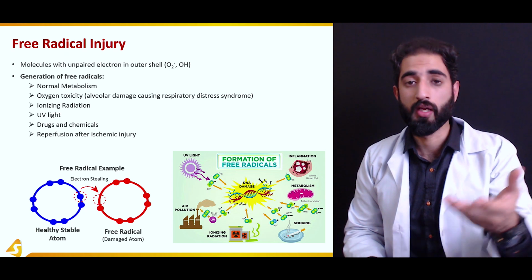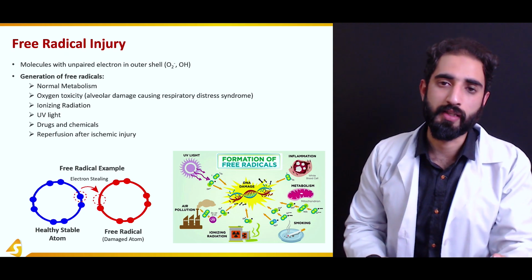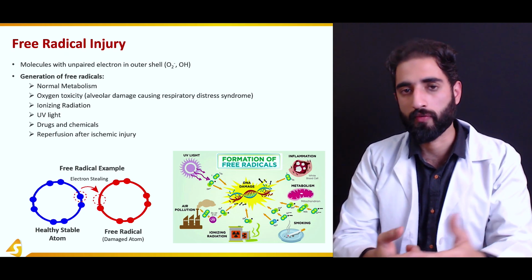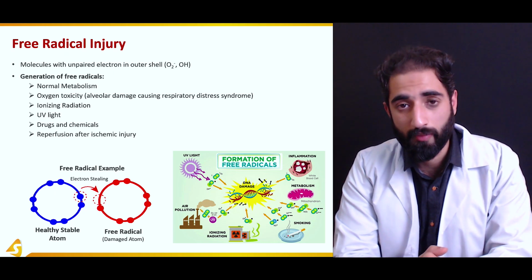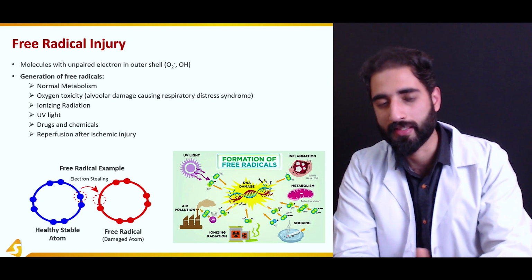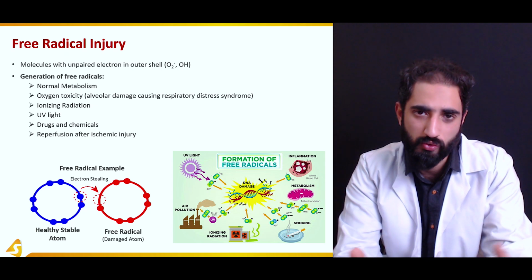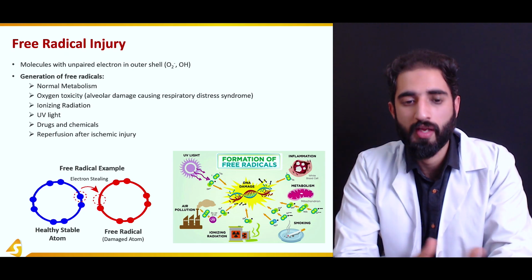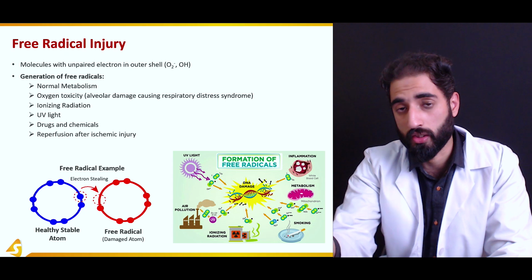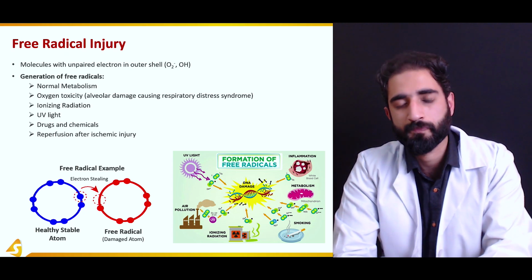For example, we go to different hospitals and patients come to us and we refer them for radiographic imaging. They are also exposed to these ionizing radiations, and that can also result in the formation of free radicals, which can cause free radical cell injury.